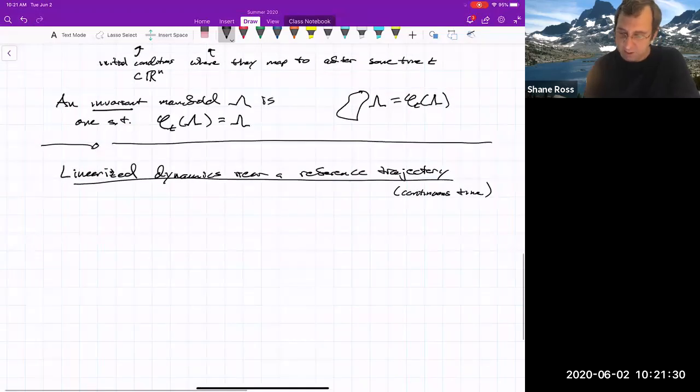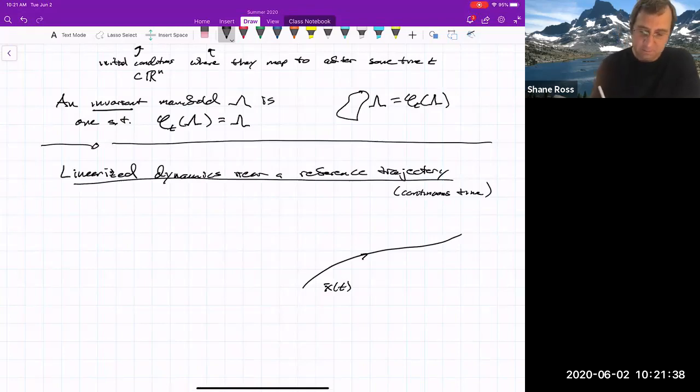So if we have a trajectory x bar of t, the setting is going to be x dot equals f of x, where x is in R^n. Suppose we already know a trajectory, and there's some trajectory we care about for some reason. We're going to call this the reference trajectory.